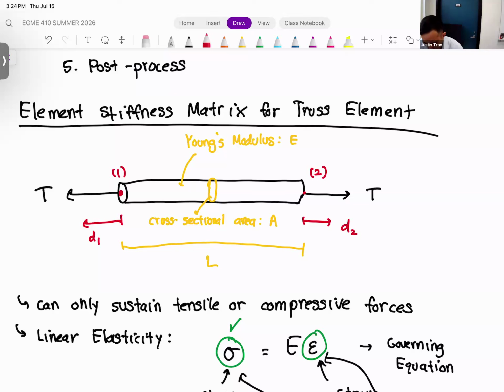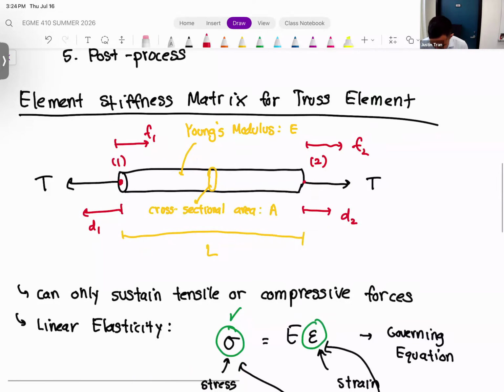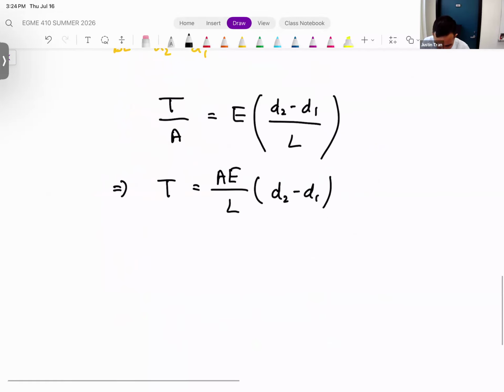Little f1, little f2 are our generic variable names for the forces being applied. Remember, ultimately our element stiffness matrix is going to be a relationship between the nodal forces F1, F2, and the nodal deformations D1 and D2. Let me actually write that down.